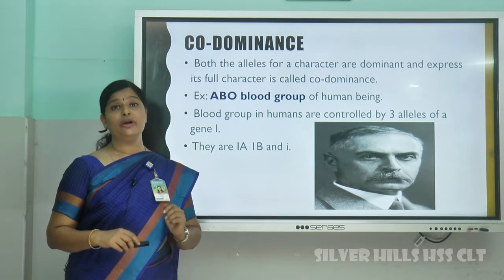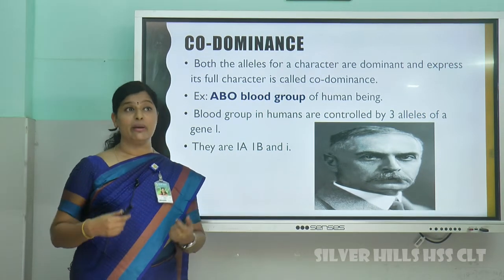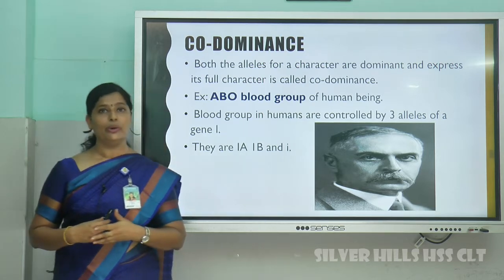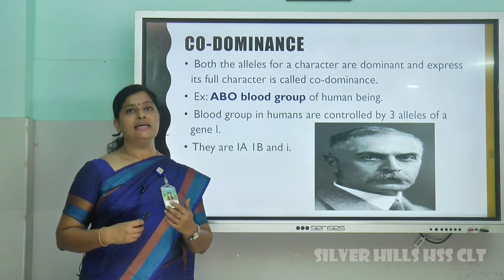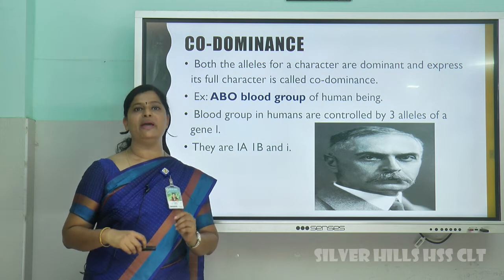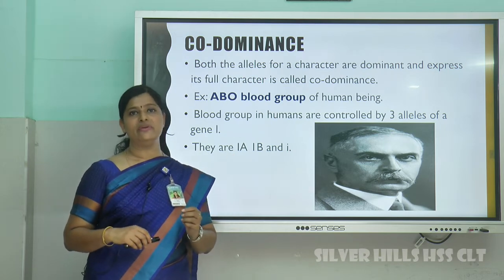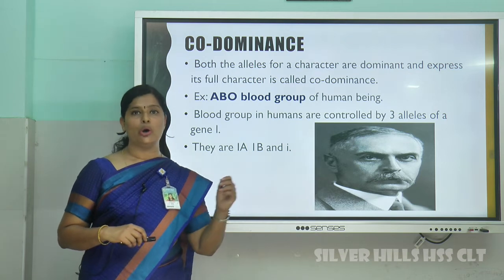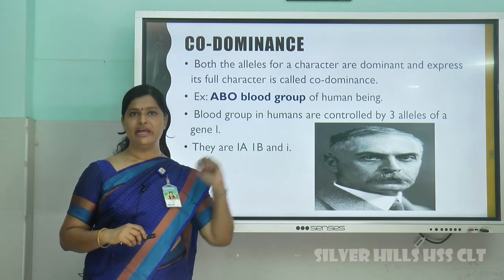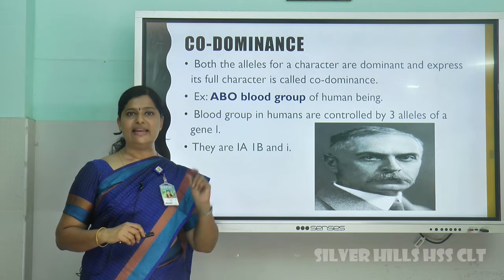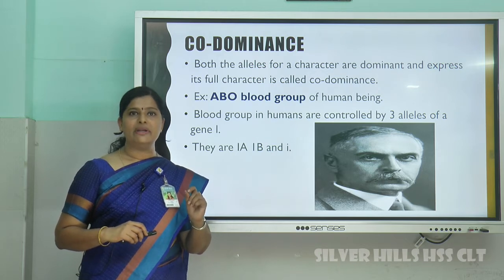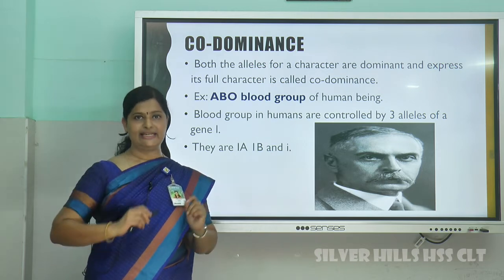So today we are going to learn about this ABO blood grouping. You know why? Because this ABO blood grouping is an example of another phenomenon called codominance. The word itself indicates what happens. Nobody is dominating.